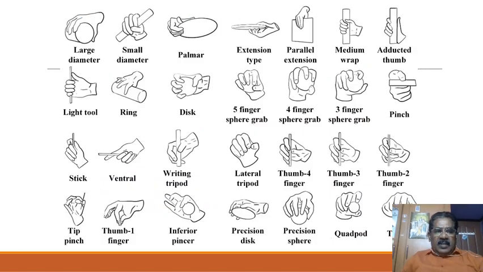Now, here we see a lot of pictorial representation of how the end effectors can hold. In the specification, if it is open beyond something, we use a large diameter. If the wrist is closing like this, we call it a small diameter.